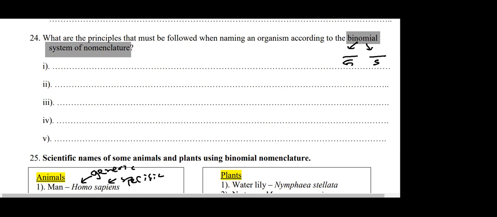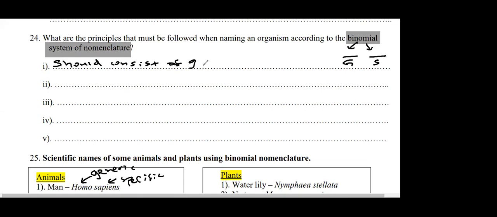Okay, now let's write the basic principles when writing the scientific name. Number one, the name should consist of two words, two proper nouns, or else you can write: should consist of generic name and specific name respectively.